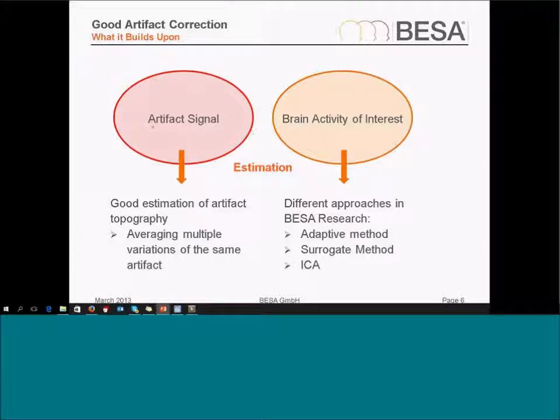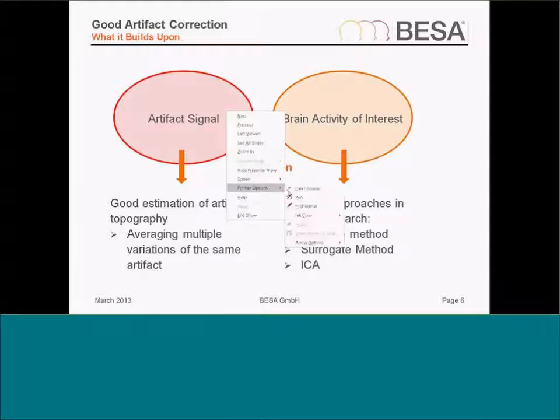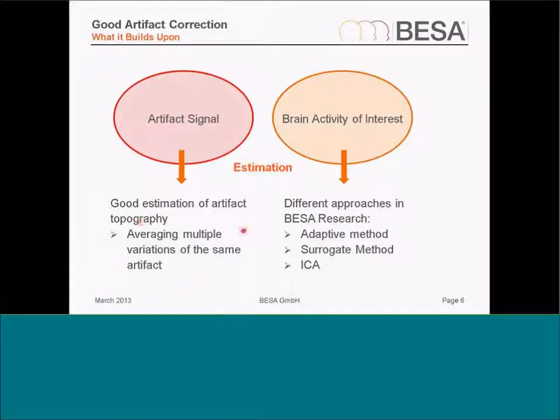The artifact signal can be estimated, for example, by averaging multiple variations of the same artifact. This is frequently done, and in BESA it can be done very elegantly using a pattern search, for example. For the brain activity of interest, we have different methods available. In fact, there are 3 different methods in BESA Research. One is the so-called adaptive method, one is the surrogate method, and the last one is the independent component analysis, or in short, ICA.